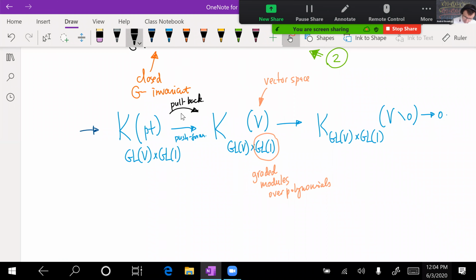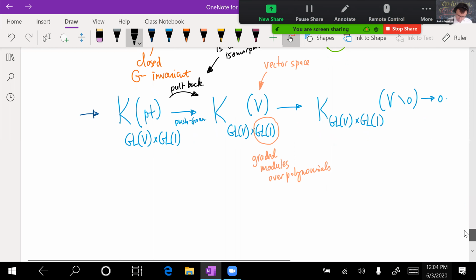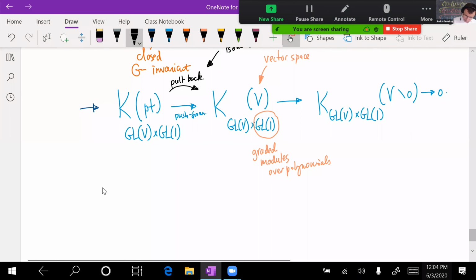And so that is an isomorphism. So this is kind of the third important thing.